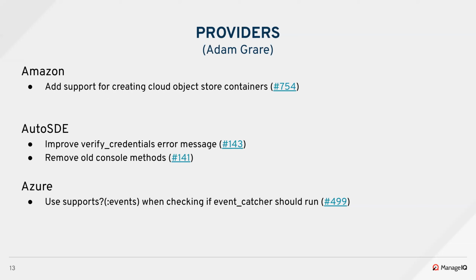But after Kuldeep made this more general, we were able to clean some of these old methods up. For Azure, we're now using the events support feature check when looking to see if an event catcher should run. Before it was using the supports insight method, which isn't as obvious what it's looking for, even if it's checking for the same thing.